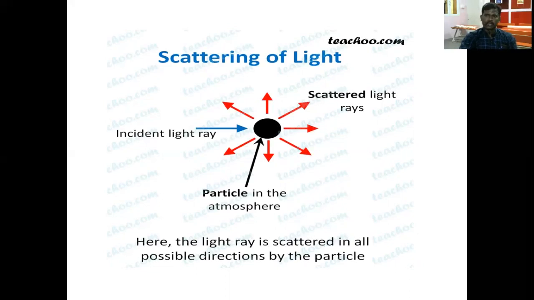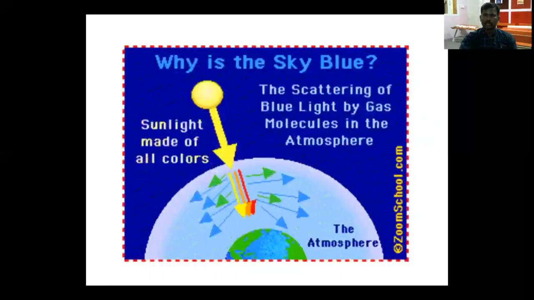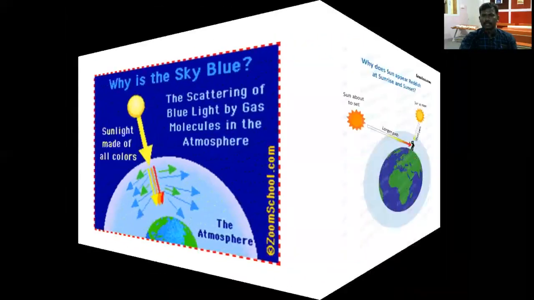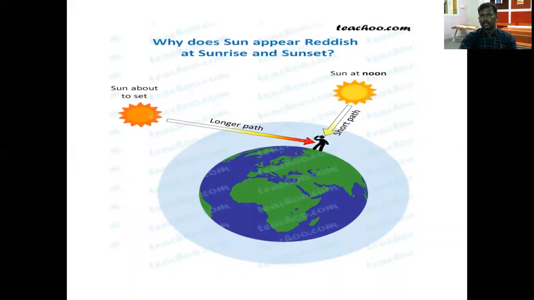The amount of scattering is inversely proportional to the 4th power of the wavelength. To understand this concept is very important for concept oriented 1 mark questions. And I already discussed why it is red and why it is bluish. In the daytime, the distance between the earth and the sun is shorter. So the most scattered color is blue, because of its low wavelength, so we can see the blue color alone.